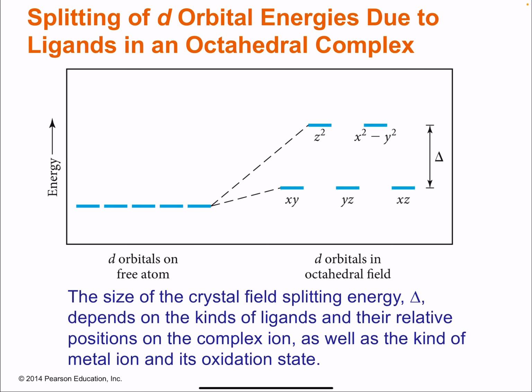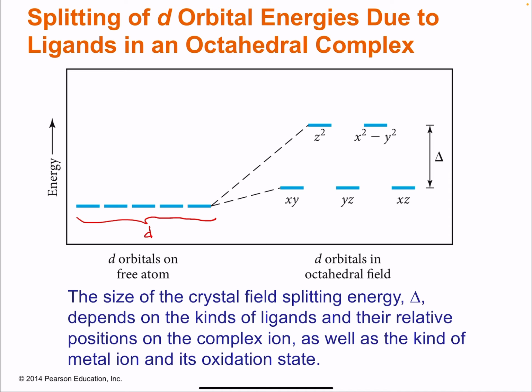Okay, so let's move on. We've talked about some of those, and I've shown you some of these diagrams. I'm just moving toward the end of the chapter so we can complete the lecture using these PowerPoint slides. So this is what happens: these are the unhybridized d orbitals here, and you have a certain number of electrons in them.